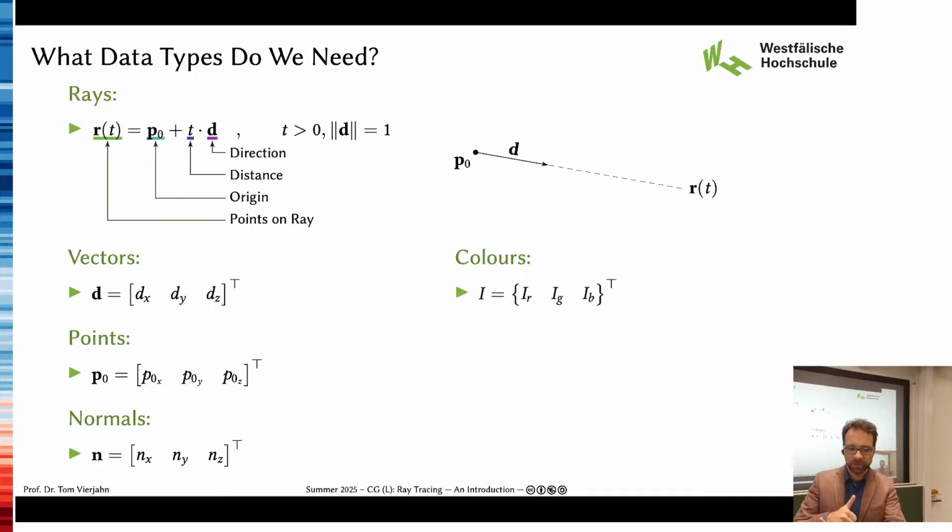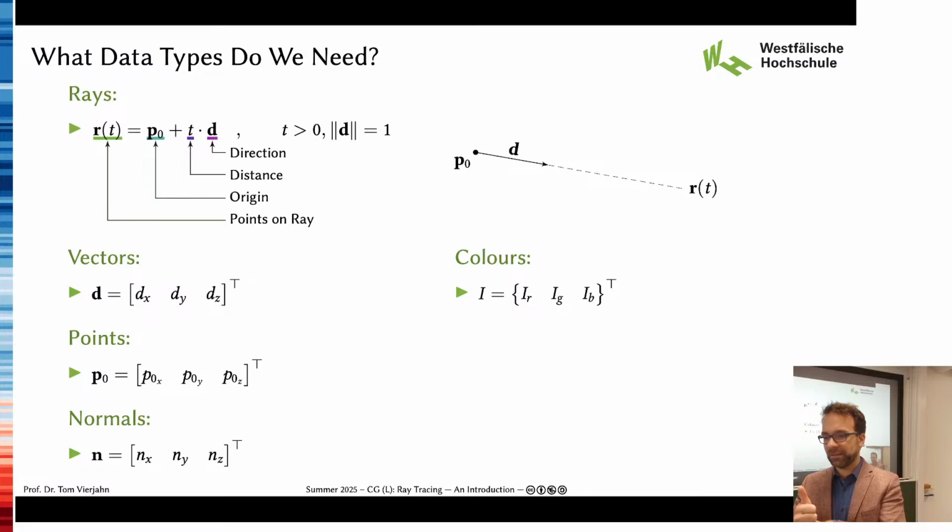There is also another form of line equation where you can see the normal on the line, or maybe you remember the plane equation that used the normal. And the normal is the vector that is orthogonal to the surface that it belongs to. It does not need to be normalized, but it is advantageous if you normalize it because computations get simpler. That is the normal.